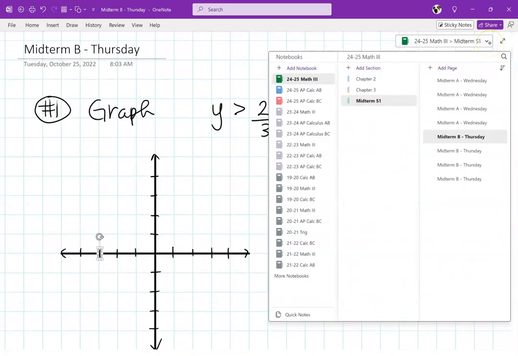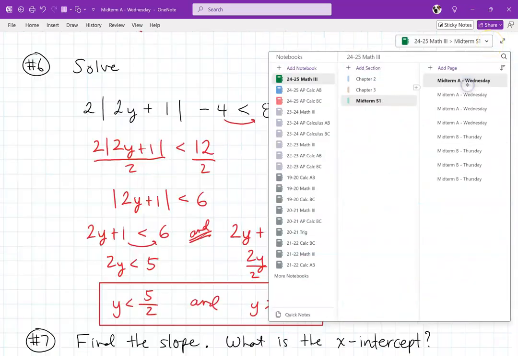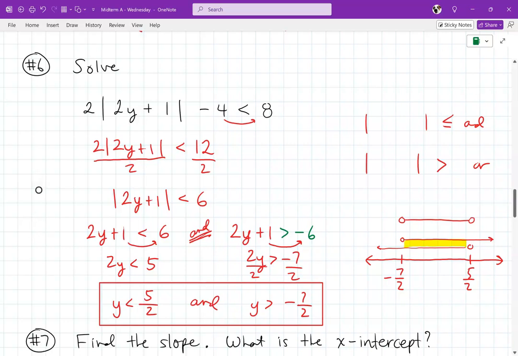Maybe I was wrong and it was the final exam I was looking at, but anyway, they could ask us to do this for sure. Okay, so please make sure you know how to graph on a number line in case they want you to do it on a number line. That's why I'm doing it right now, just in case they do ask for it.